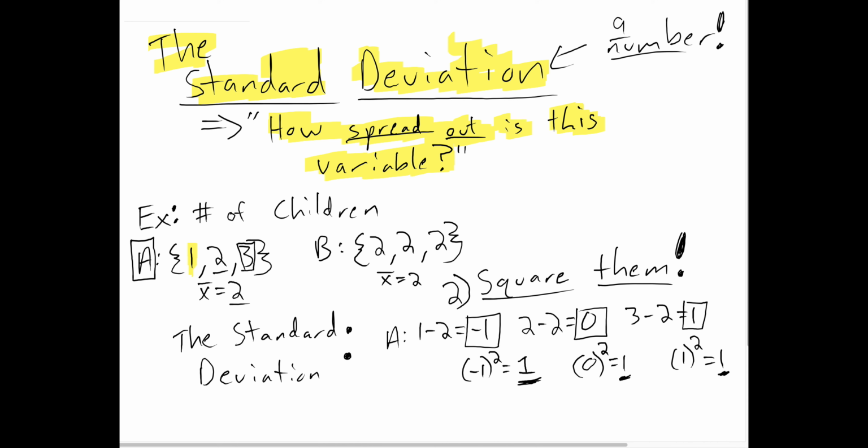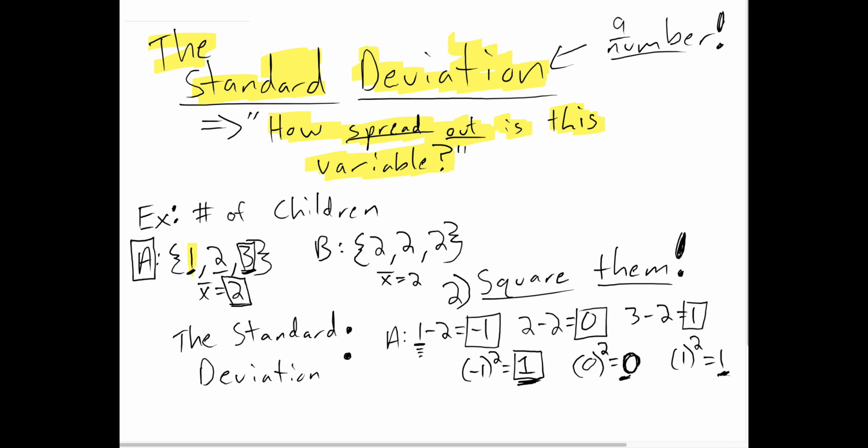Because 1 was below the mean and 3 was above the mean, if we want to think about how far they were from the mean, we would like that to be a positive number. So squaring it ensures that even if the data point happened to be below the mean, once I square it, I'm going to have a positive number to represent that distance from the mean. Oops, this should have been 0.